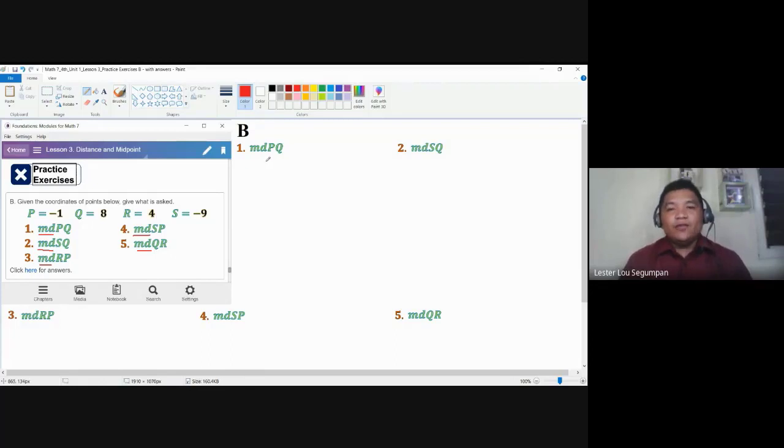The formula for getting the midpoint is actually derived from another theorem, the midpoint between points theorem, okay?